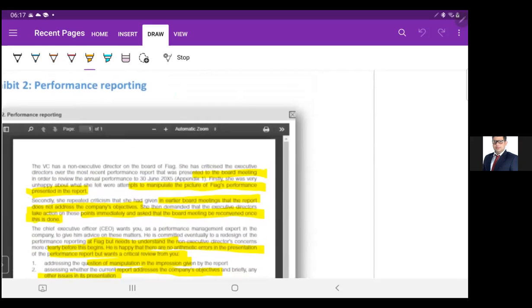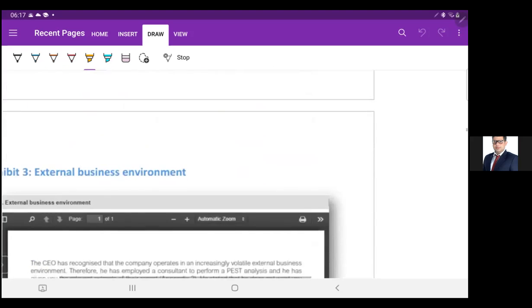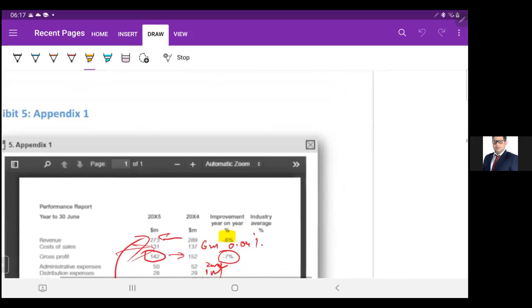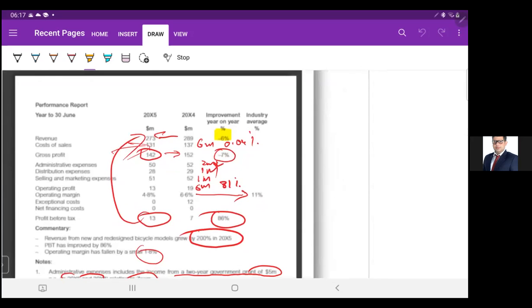She has criticized the executive directors for the most recent performance report that was presented to the board meeting. Secondly, she reported criticism that she had given in an earlier board meeting that the report does not address the company. Okay, no business environment not relevant, production department not relevant. Now performance report, you can see.